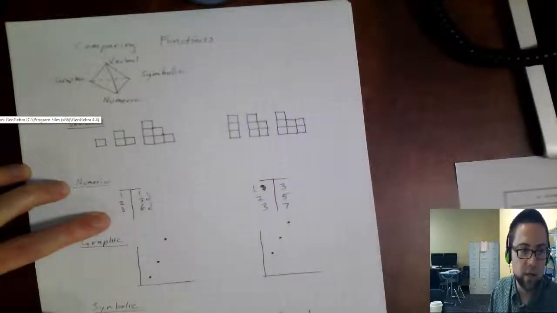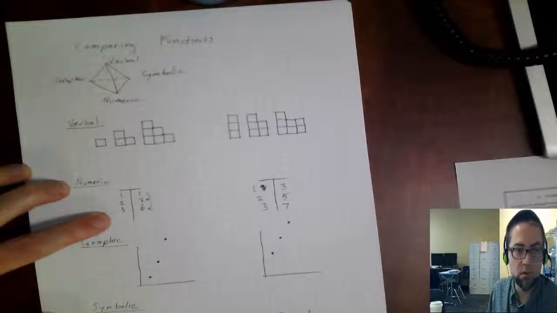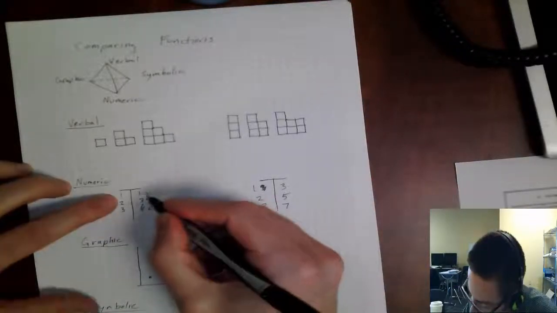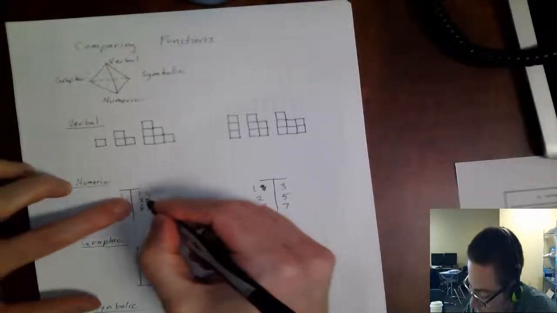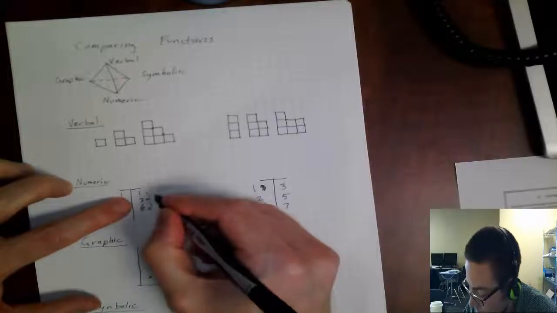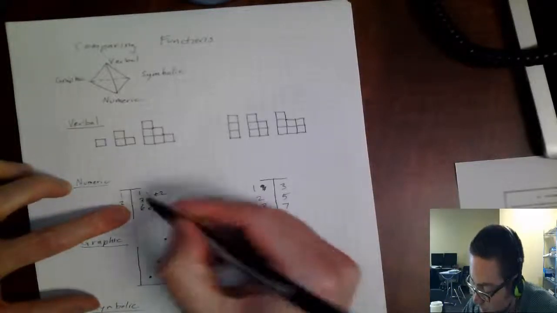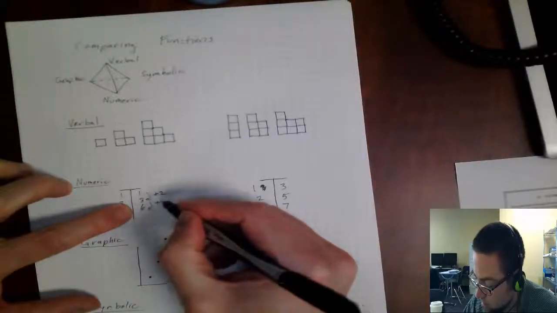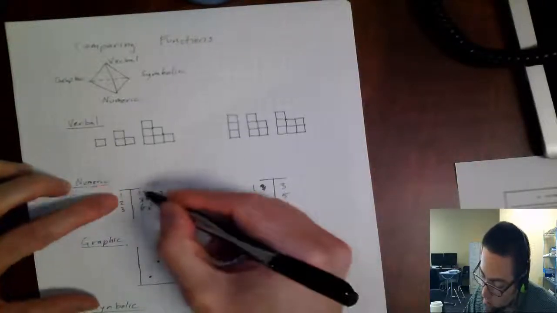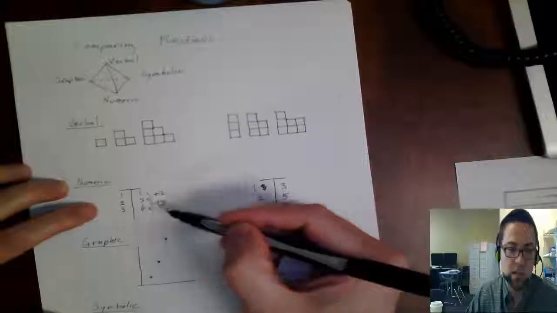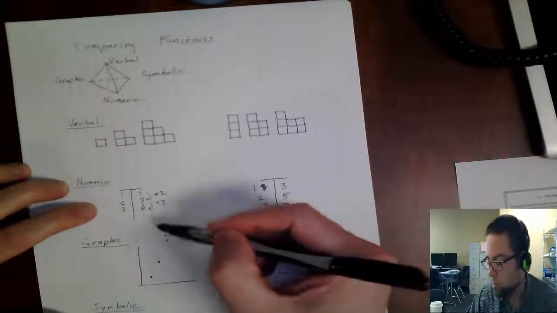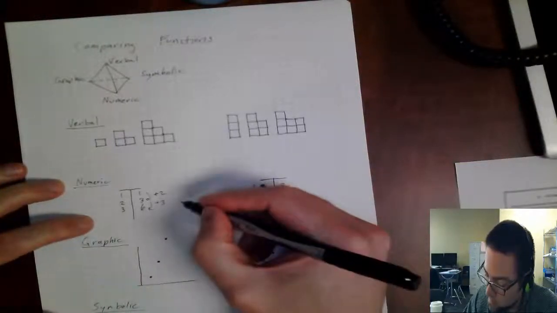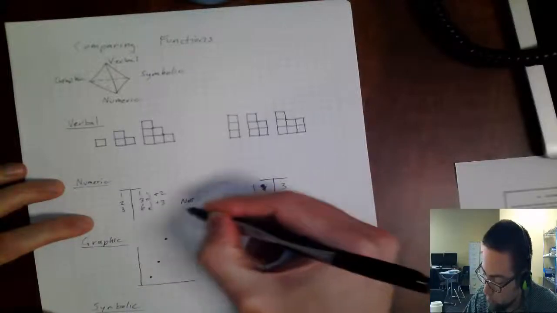What's the rate of change of the function? This one goes from 1 to 3, so the difference is 2. We're adding 2. And the difference between 3 and 6 is 3, so we're adding 3. So the rate of change is not constant. It's not changing by the same amount each time. So we can say it's not linear.